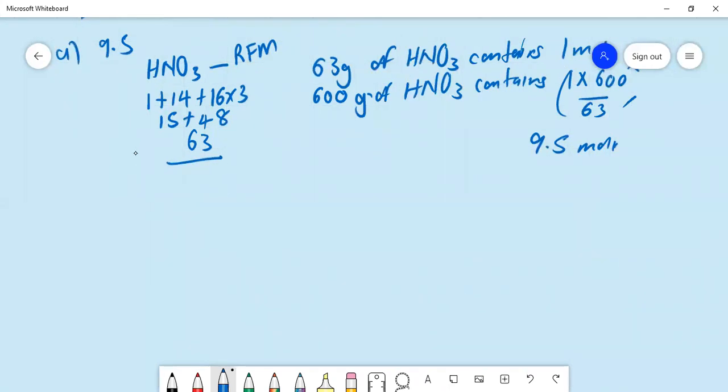Part B, what have you got? I've got 14.7 moles. 14.7 moles. Shamila, are you having the same? Yes. Okay. Then part C, what do we have?